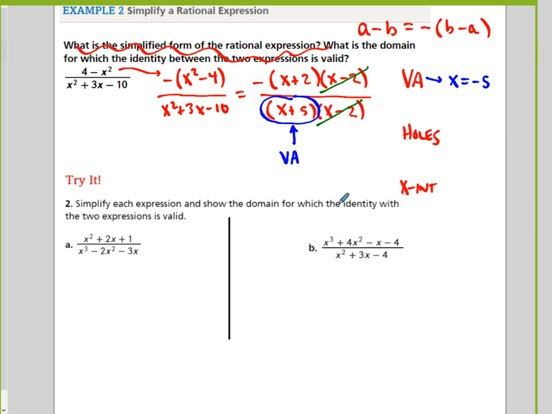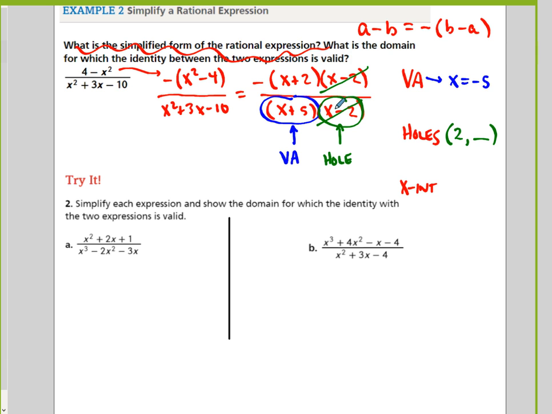For the hole or holes in the graph, you're going to look at the factor or factors that did cancel out and tell me the x value that would produce 0 for this factor. And the hole is going to be an ordered pair, and it's going to be 2, comma, something. The 2 comes from the fact that if I plugged 2 into this factor right here, it would produce 0.